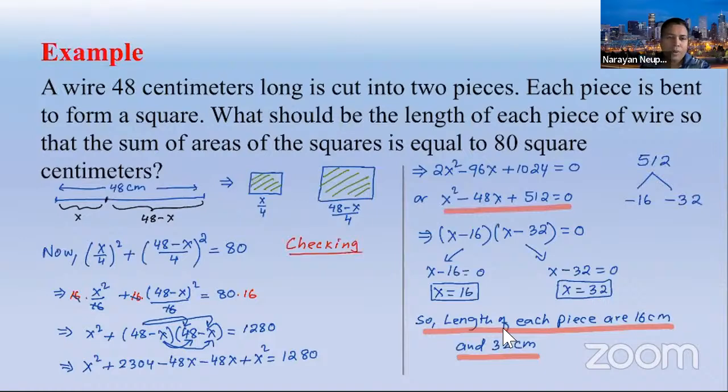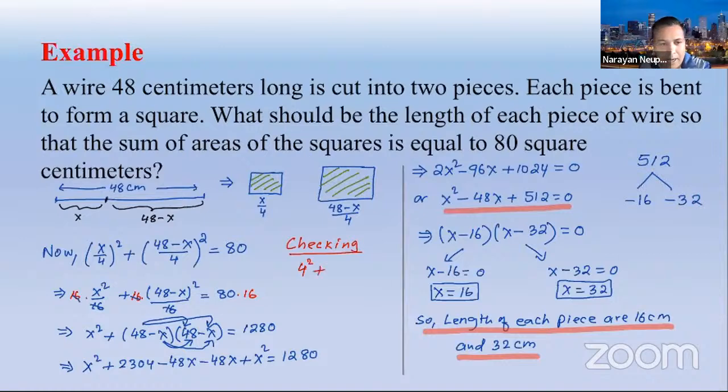Everybody look at the board when I'm checking and verifying this answer. If the first length is 16, one side of the square is 16 divided by 4, which is 4, right? And the area of that square will be 4 squared.